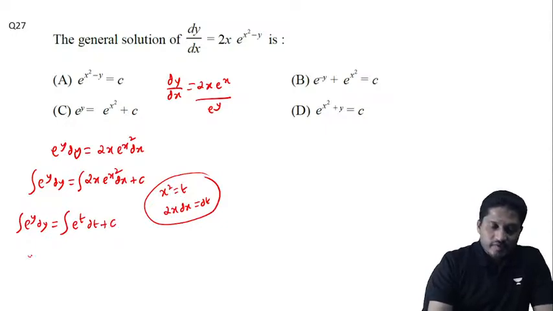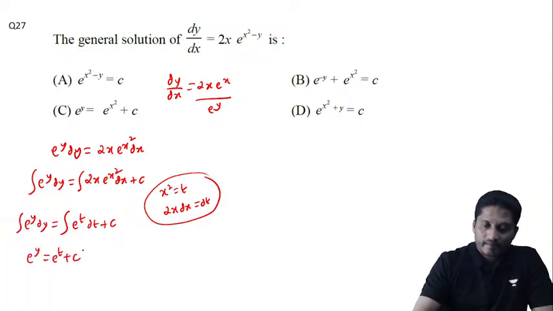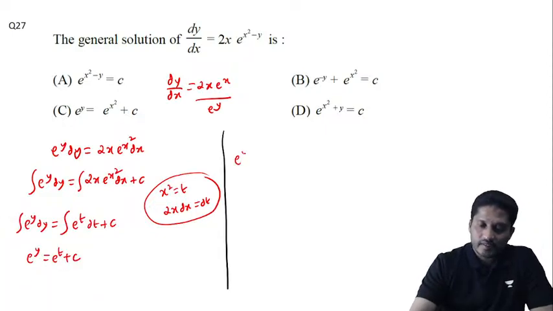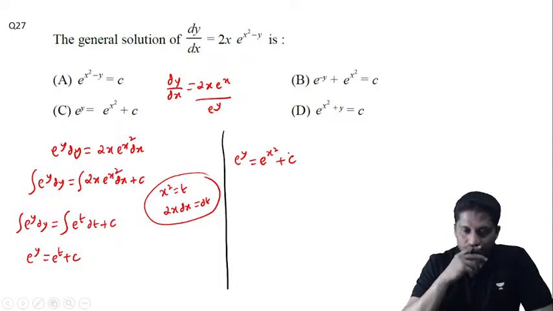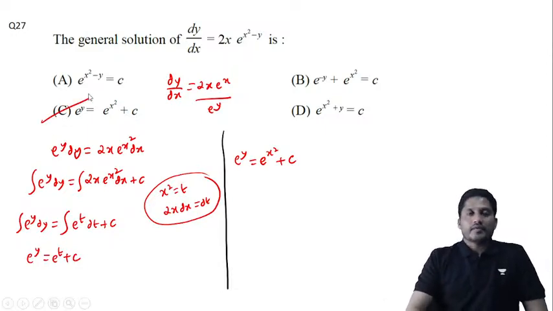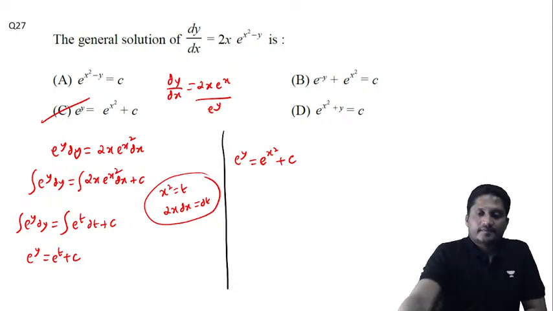Now integration of e power y is e power y, integration of e power t is e power t and plus c. Right, so this is e to the power of y is equal to e power t, t is x square, and plus c. Okay, answer is option C. E power y is equal to e power x square plus c.